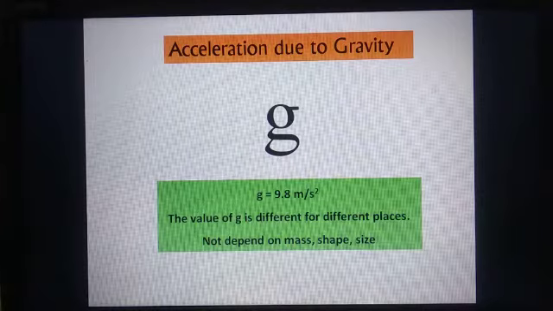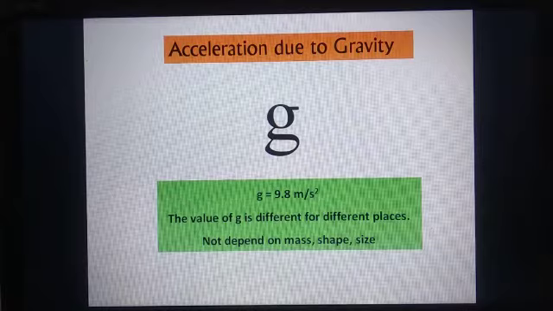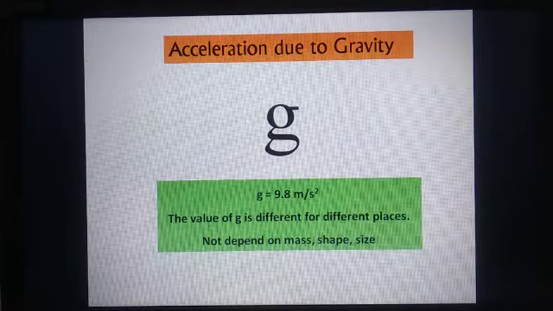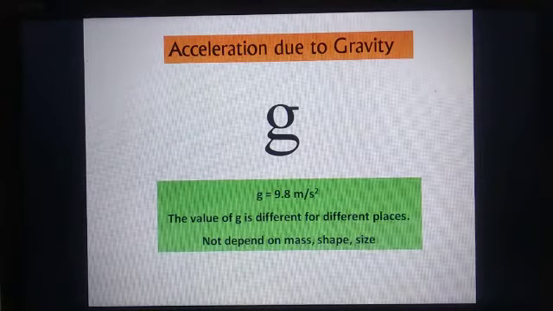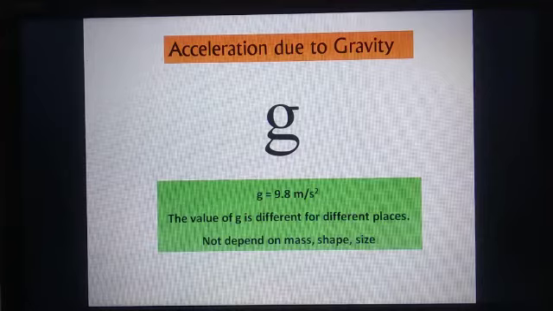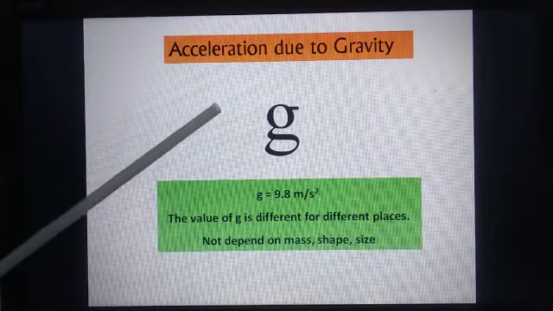That means there is a force of attraction between that body and the surface of earth. Here, the change in velocity is due to the gravitational force. That's why we call it acceleration due to gravity, denoted by small g.